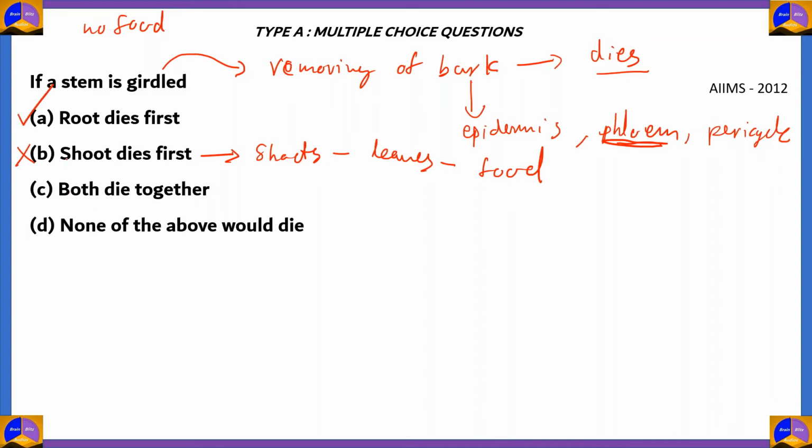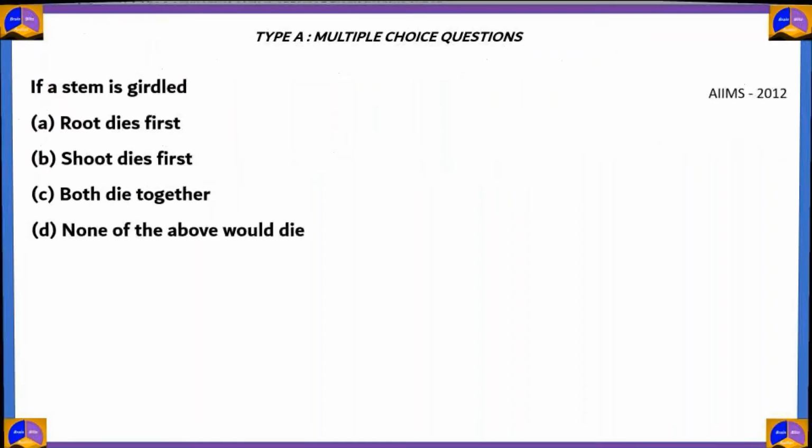Since option B is incorrect, option C has to be incorrect because both cannot die together, because the root dies first. And that also means option D is incorrect because a stem being girdled is for making the plant die. The right answer is option A, root dies first, because when we remove the bark, we remove the phloem of the plant.